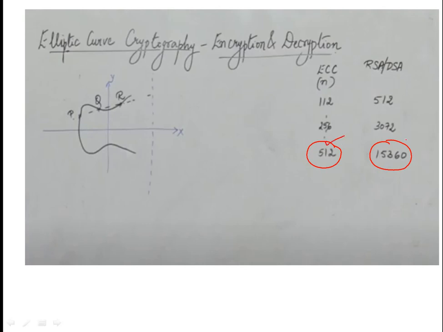But look at RSA and DSA: it takes 15,360 bits. It will take more time for the calculation, and then it becomes processor overhead, with much more load on the processor. So the algorithm becomes very slow compared to the elliptical curve algorithm, which is much faster.